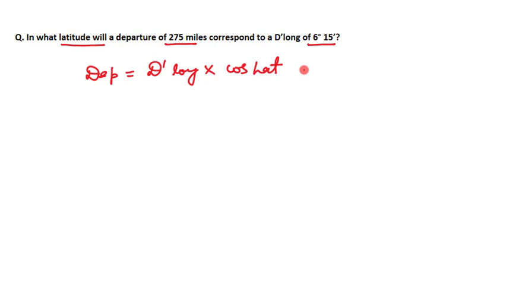So here the value of departure is 275 mile, and the value of D long is 6 degree 15 minute.